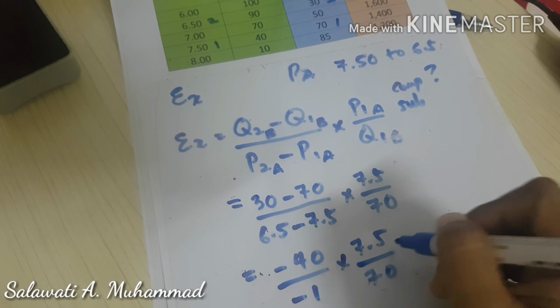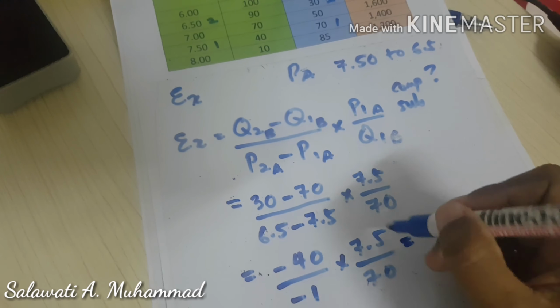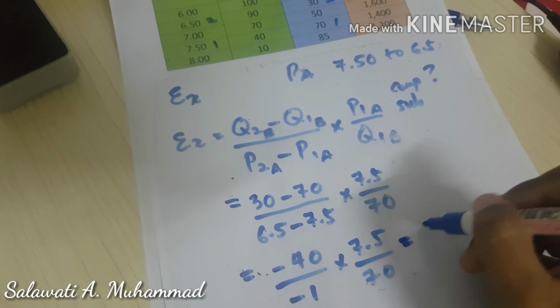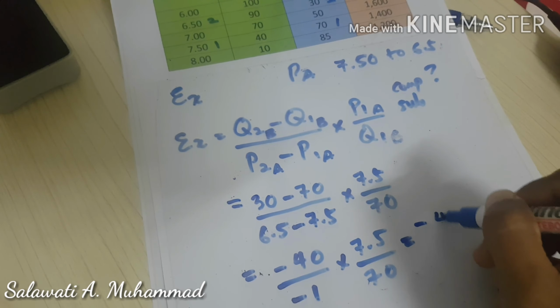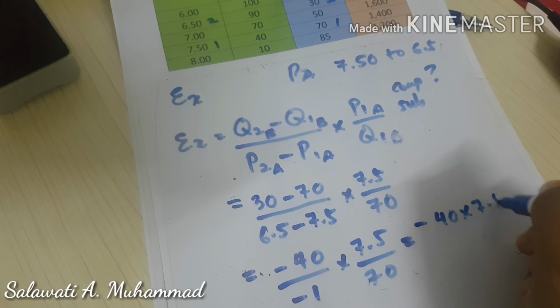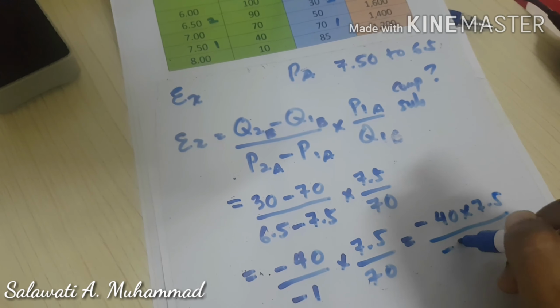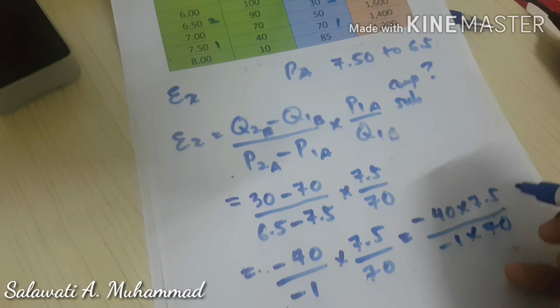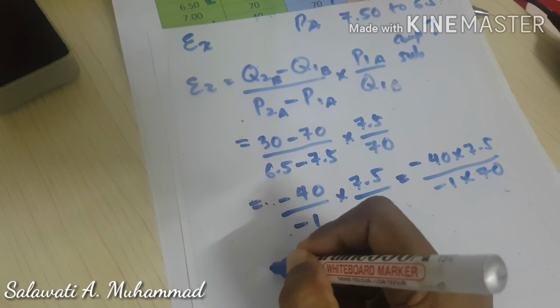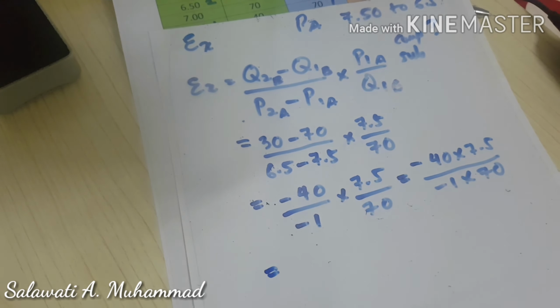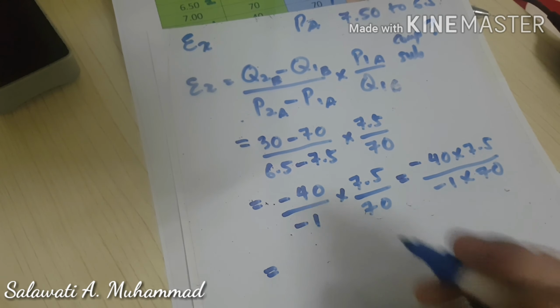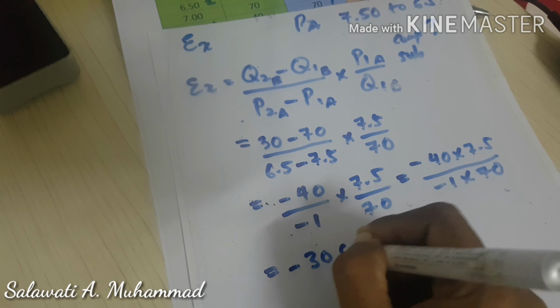Alright, so we can solve this question. Negative 40 times 7.5 divided by negative 1 over 70. Alright, we can solve like that. So use your calculator. 40 times 7.5, we got negative 300.